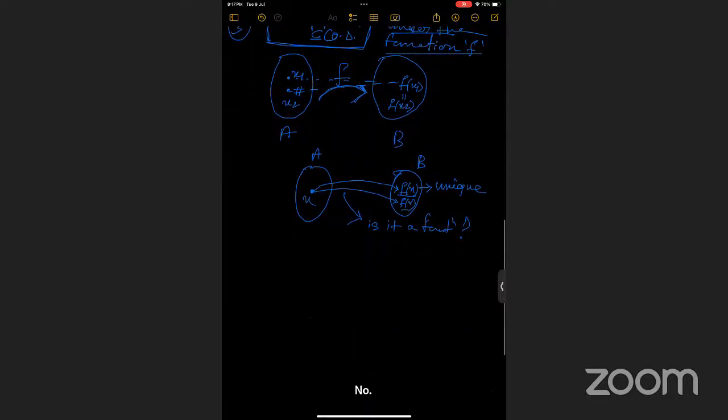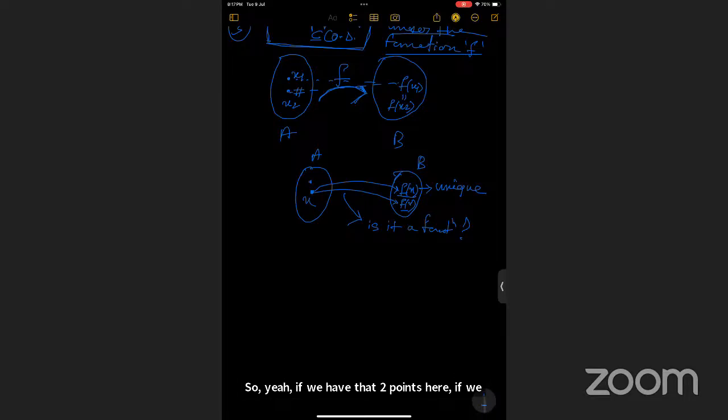No, ma'am. Okay. So if we collect two points from the domain, suppose x and y, is it allowed for x and y to go to the same point, like f of y equals f of x?